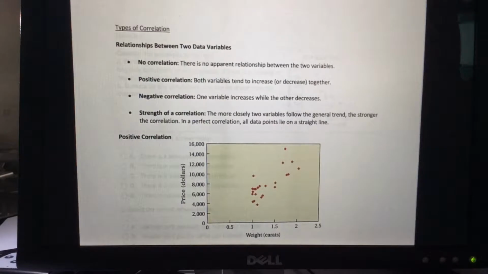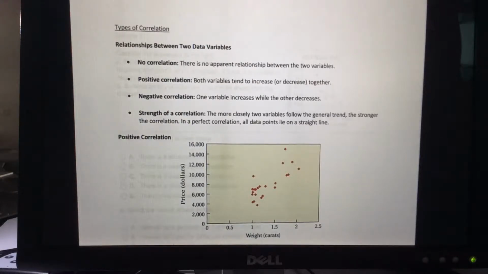Now, let's look at the relationships between two data variables and the types of correlation that they may have. One, you might not have any correlation at all. That means there is no apparent relationship between the two variables.